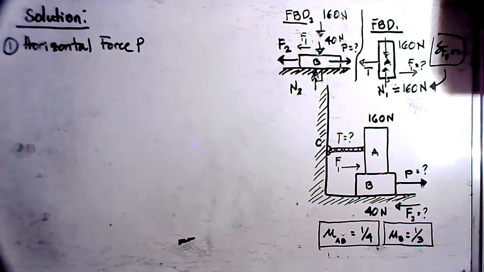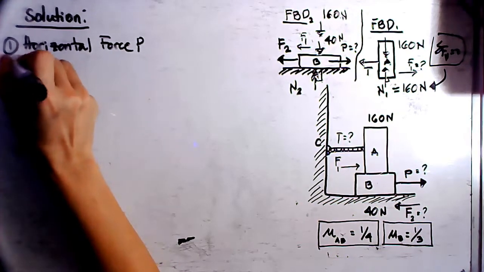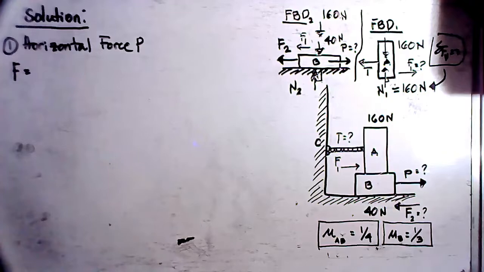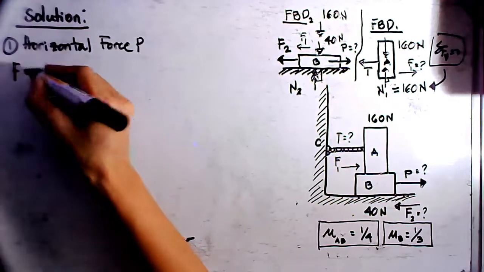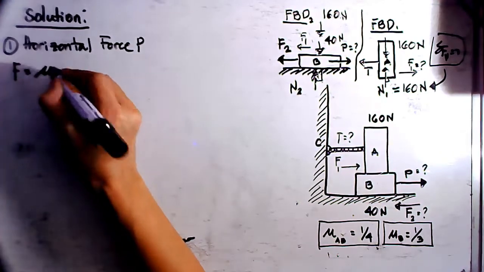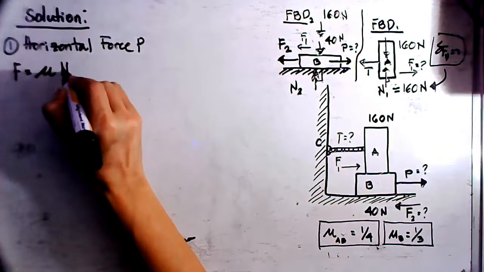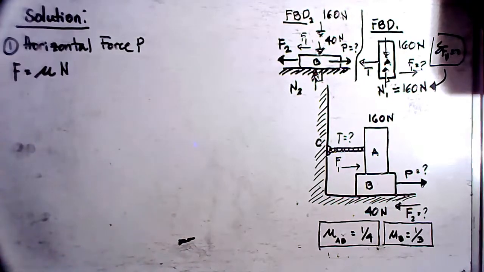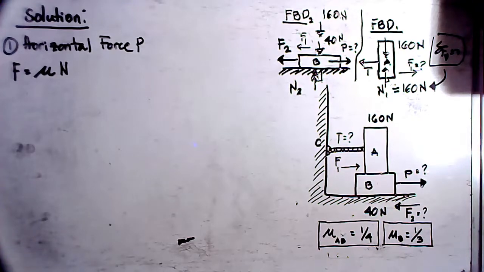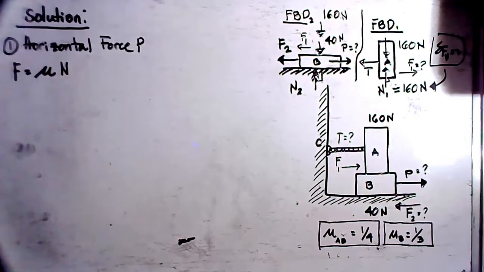For the formula, remember that the formula for friction is simply the coefficient of friction multiplied by the normal force. That was taken from the formula of the coefficient of friction, which is equal to F over N, wherein F is the frictional force, mu is the coefficient of friction, and N is the normal force.